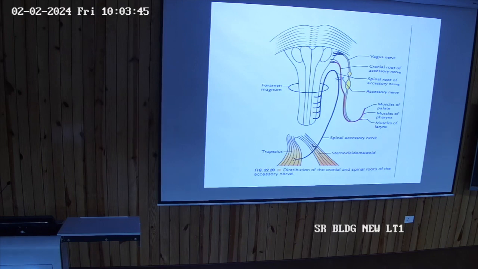This is a result of lesions involving the central part of the accessory nerve. If there is involvement of a lesion of the accessory nerve in the medulla, that can result in spasmodic torticollis.